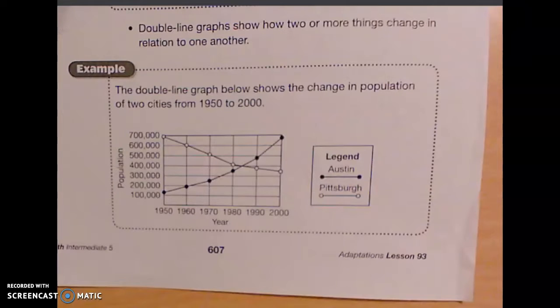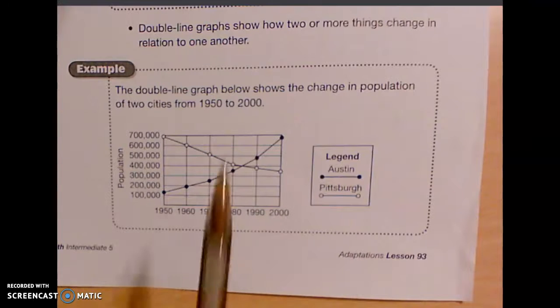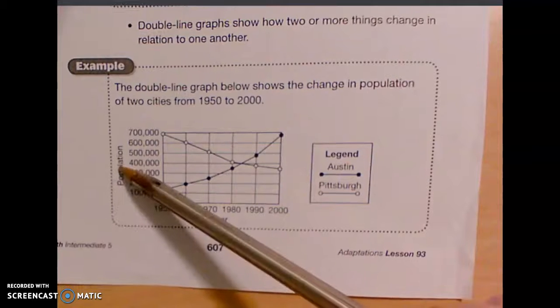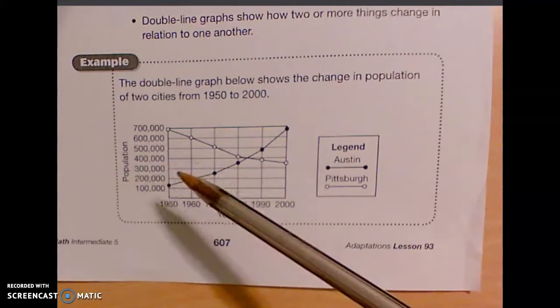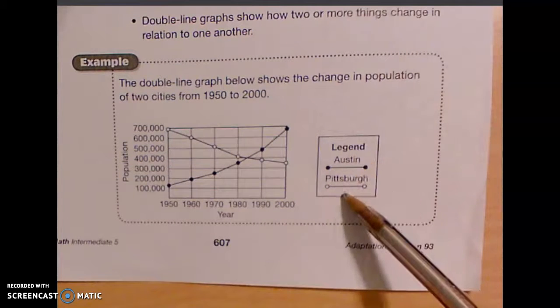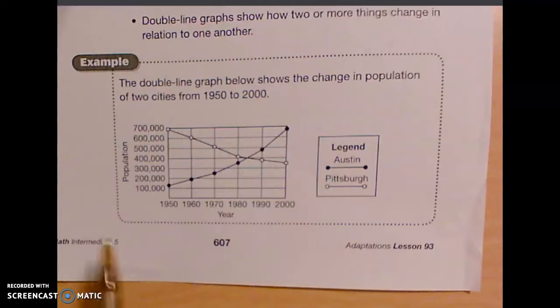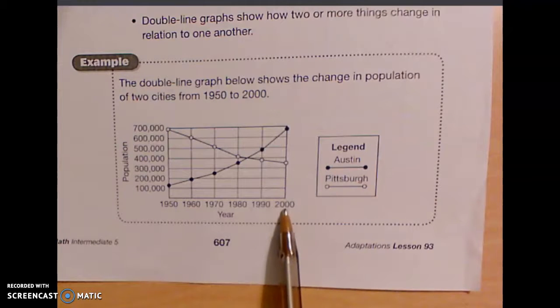Look now at a double line graph. Double line graphs show how two or more things change in relation to one another. For example, the double line graph right here shows the change in population of the cities of Austin and Pittsburgh from the years 1950 all the way to 2000.